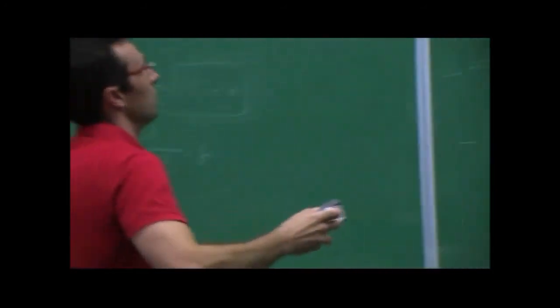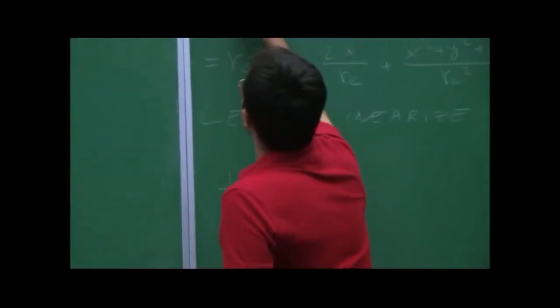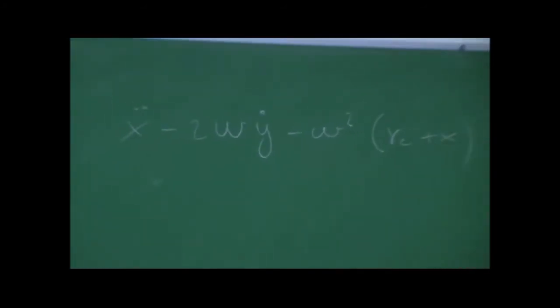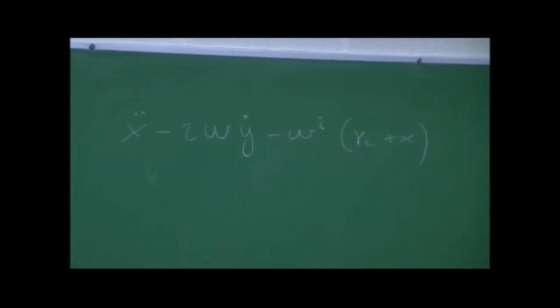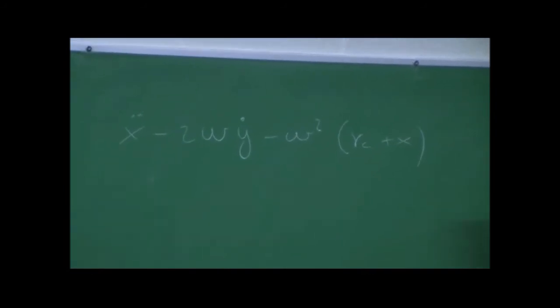I don't know if I want to erase this. I'm going to rewrite it here. So, if that is my approximation of this one, I have x double dot minus 2 omega y dot minus omega squared RC plus x. Okay, this becomes, remember that I had a minus mu, something about the signs here.